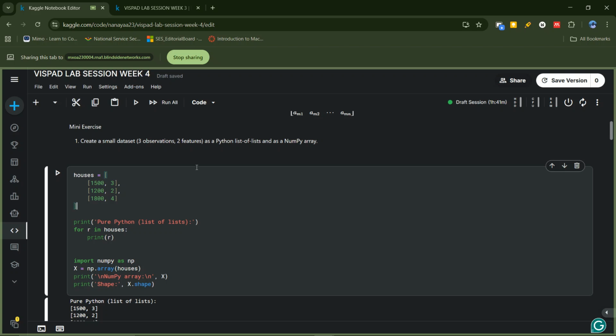Okay. And I also said just like how vectors represent a Python list, matrices represent a Python list of lists. If I say list of lists, it means we have a whole list and its elements are also lists separated by a comma.